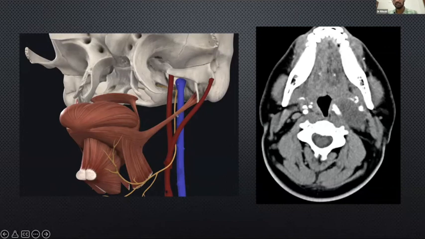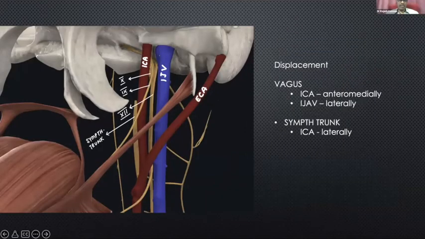So this can explain our imaging also, as it is splaying apart the ICA and ECA and pushing the IJV posteriorly. So how will you differentiate a hypoglossal schwannoma from a vagal schwannoma by looking at the superior extent of the lesion?